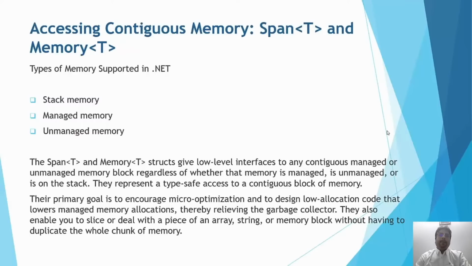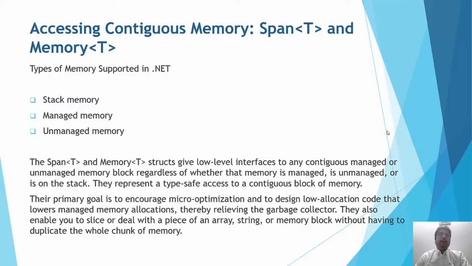The three types of memory that are supported in .NET are stack memory, managed memory, and unmanaged memory. Stack memory is not managed by the runtime, I mean to say the CLR. So there will be no GC there, so no garbage collection cycles. But managed memory is memory that is managed by the CLR, so you will have garbage collection cycles there.